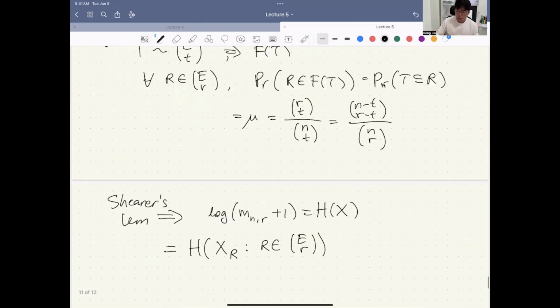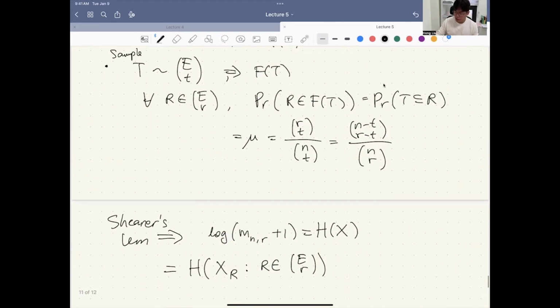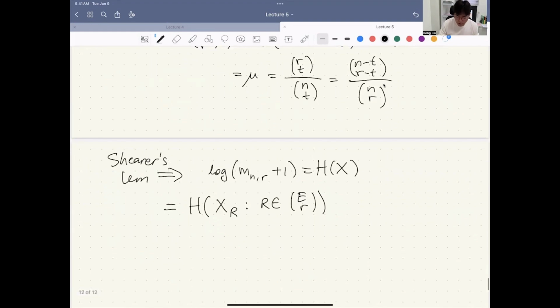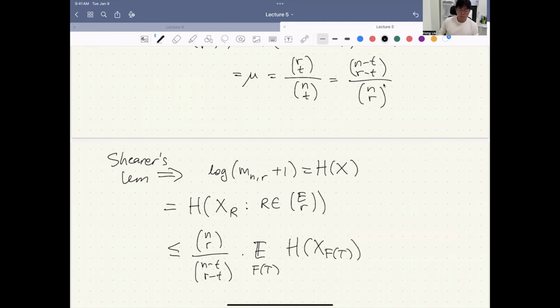Now, using our random contraction F_T, this is at most 1 over mu, so it's (n choose t) over (r choose t), times the expectation over the projected coordinates, H of X_{F_T}. Okay.